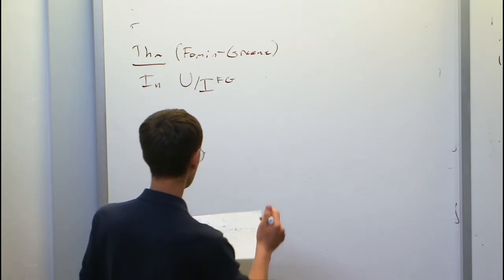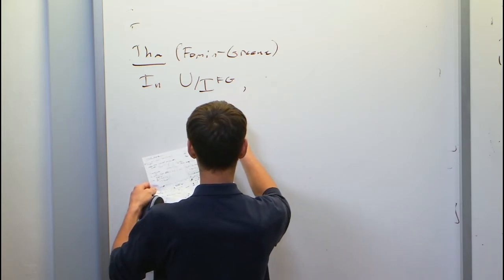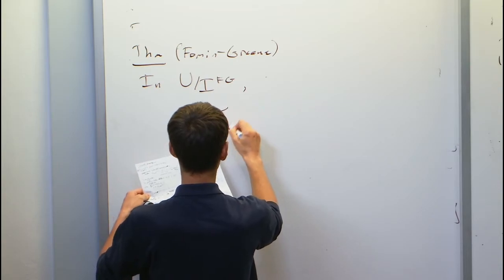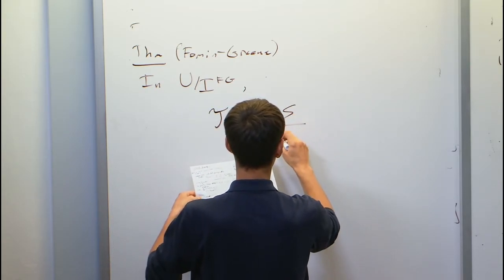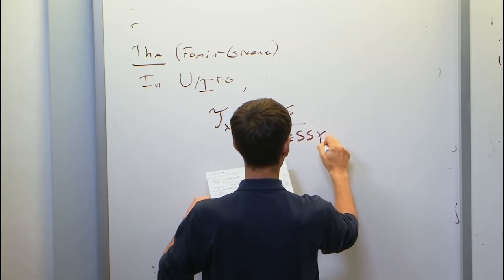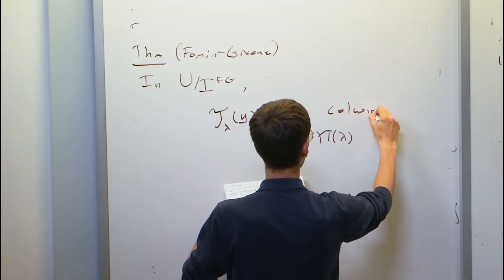So if this thing that I'm about to write down is true, J lambda of U is the sum over semi-standard Young tableaux of shape lambda of the column word.